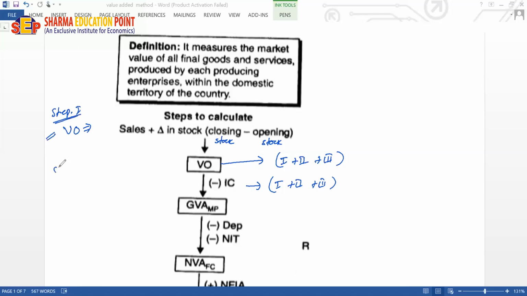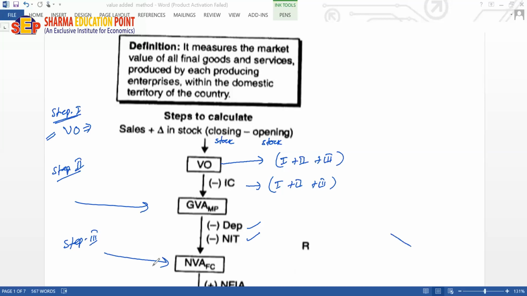Now step 2, to calculate GVA at MP. This is step 2 to calculate GVA MP. And step 3, when you calculate GVA MP, you minus depreciation and NIT. If you minus both of these, you will have NVA at FC. So this is step 3.